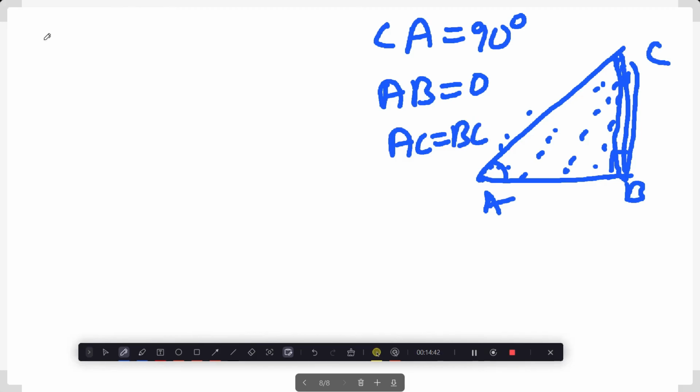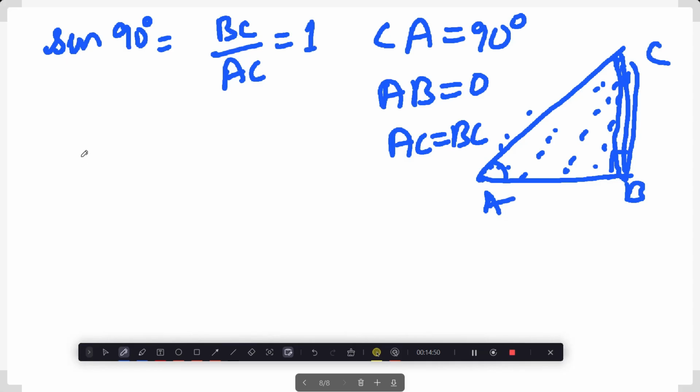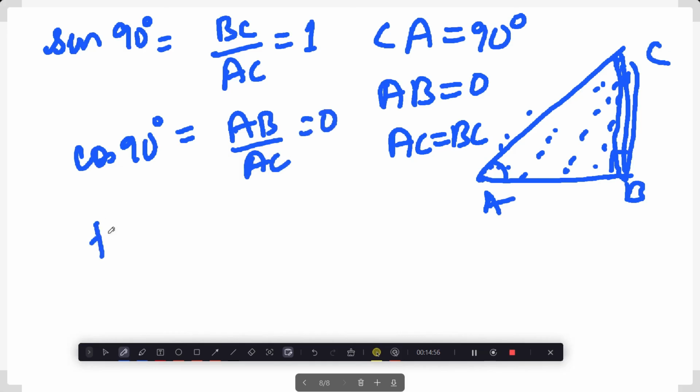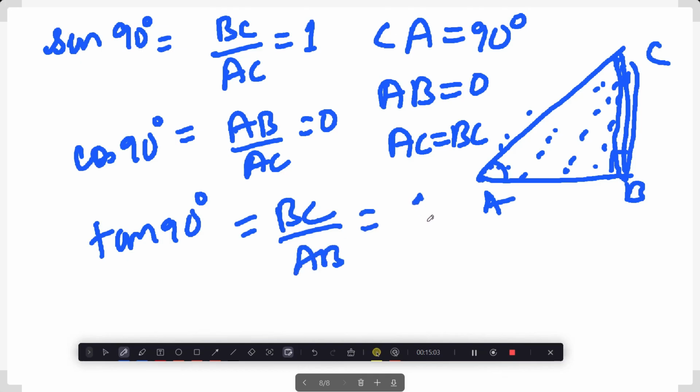So what is sine of 90? Sine of 90 is BC by AC, which is 1. Cos of 90 is AB by AC, which is 0. Tan of 90 is BC by AB, which is AC by 0 basically, right? So this is not defined.